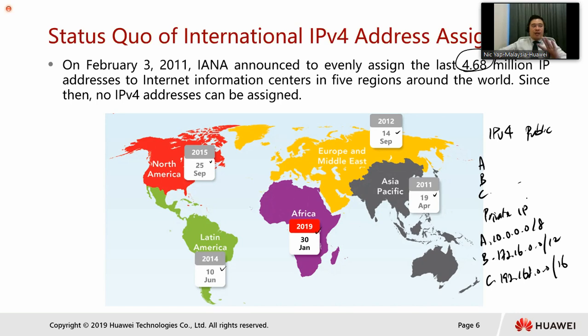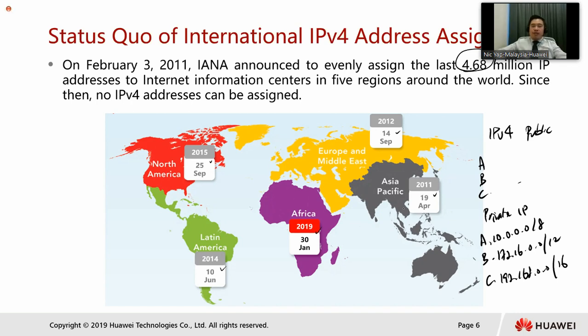That is how IPv4 addresses have been allocated to the five different regions. It depends on the RIR whether they have already assigned them to the different countries or not. We belong to Asia Pacific, which has many different countries inside.